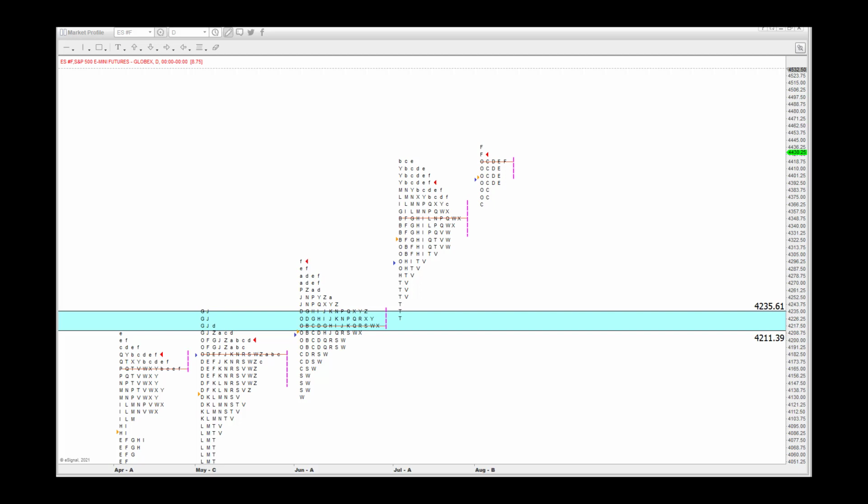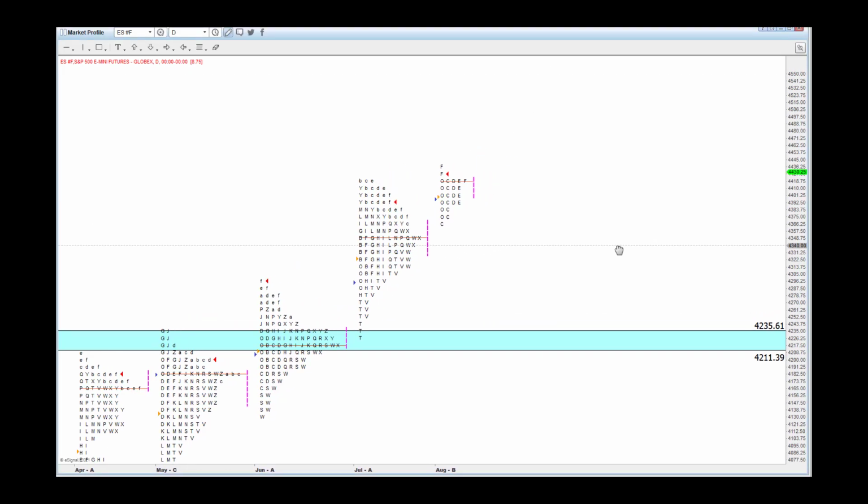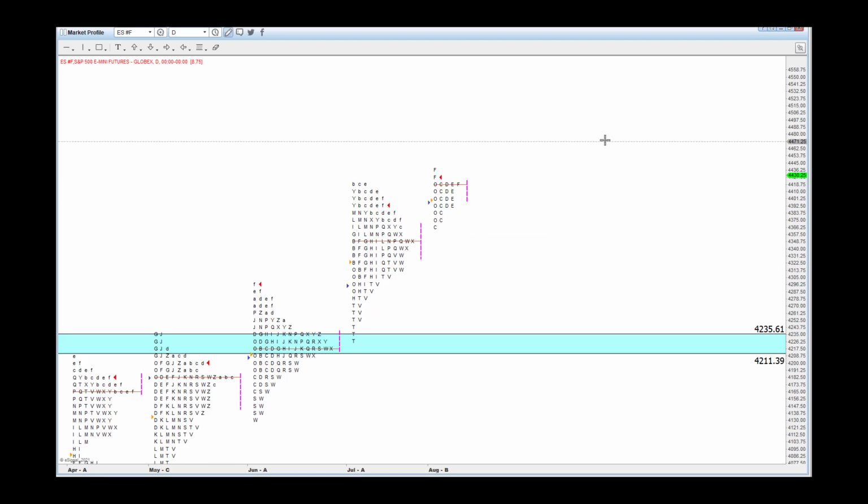Okay, we're going to start with a profile view of the S&P. Now, this particular chronological configuration is the daily profile, meaning each letter represents one day. When you are analyzing markets using market profile, you're trying to identify market condition. The magic is not in a particular graphing format, candles, bars, all the others.